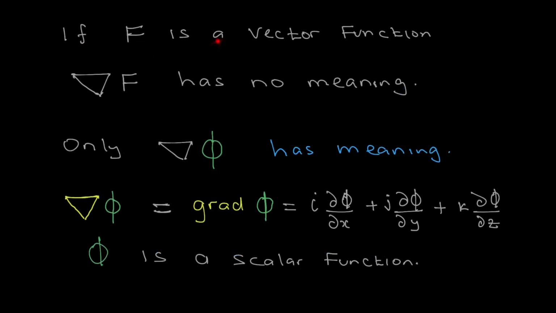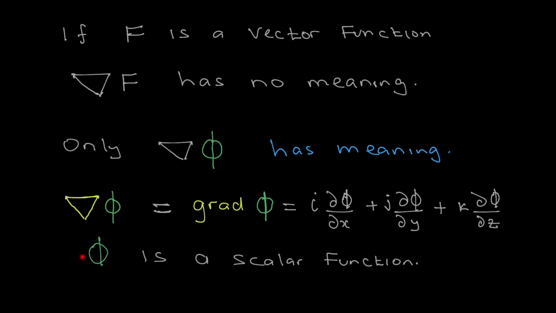If f is a vector function and we're applying nabla to f, that has no meaning. So when you apply nabla to a scalar function, it has meaning, and here is an example of grad on a scalar function, and I will give you that.